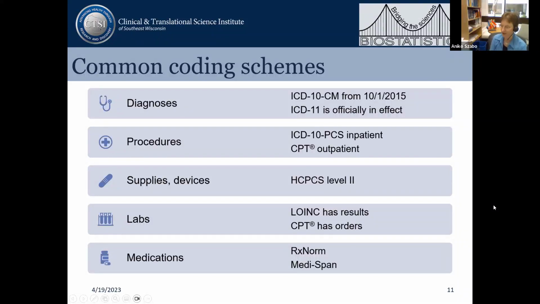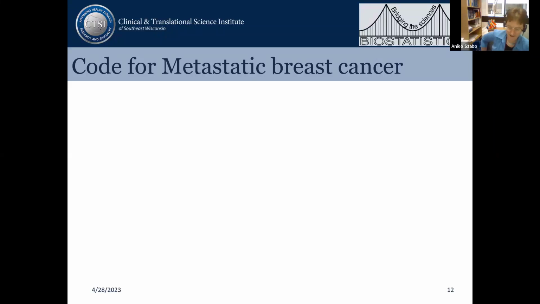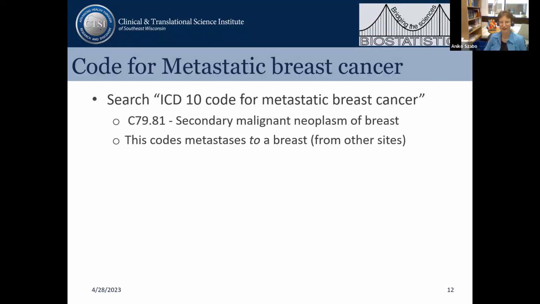So I have some examples of how one does that. I recently had an example where somebody wanted to find the code for a metastatic breast cancer diagnosis. If you just search for it, and searching on the internet is not a bad way to get started, for metastatic breast cancer it immediately pops up a code, C79.81, but if one looks carefully, it says that it's secondary malignant neoplasm of breast.